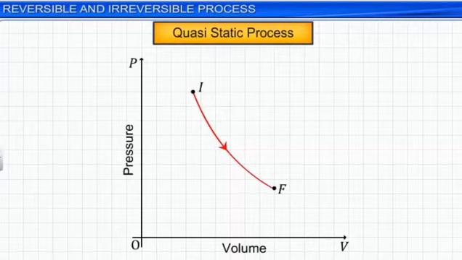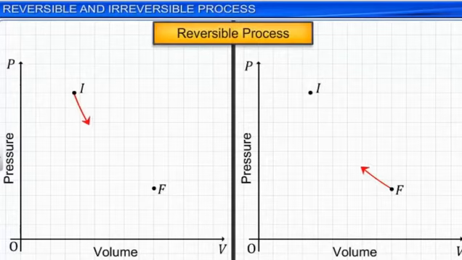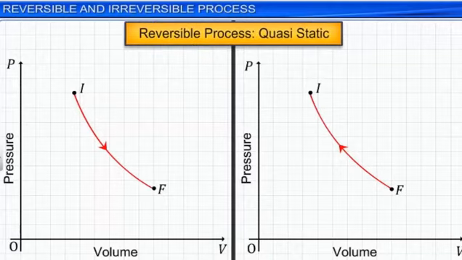Now, we can write the conditions for a process to be a reversible process. For a process to be reversible, it must be quasi-static. And there must be no dissipative effects.